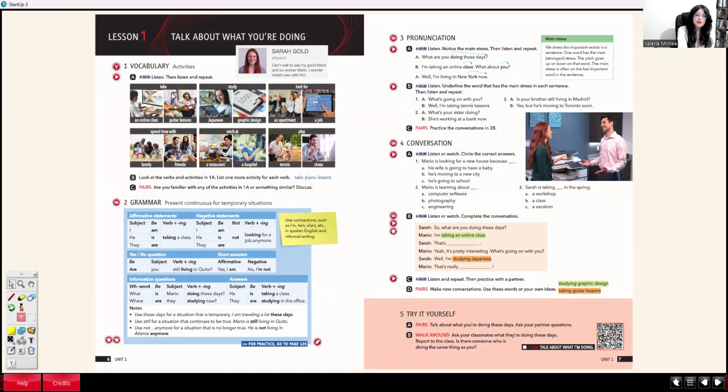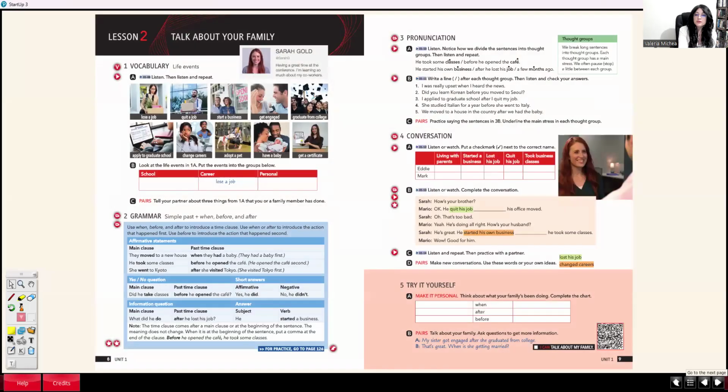We had a look at some vocabulary related to activities, especially social activities or studying, things like that. We use the present continuous to talk about what you have been doing lately or what things you are learning, you are practicing, you are doing, etc. So we've already finished with this unit.